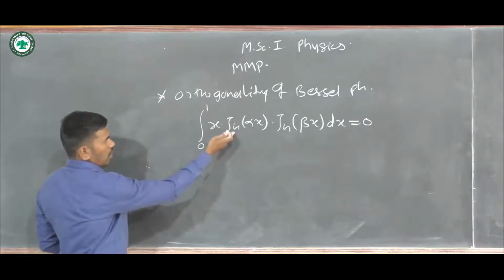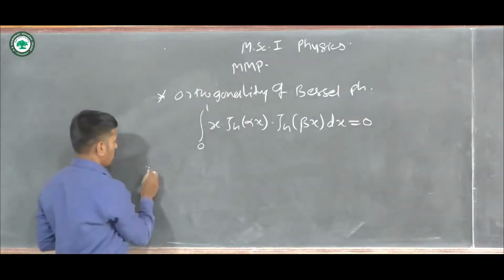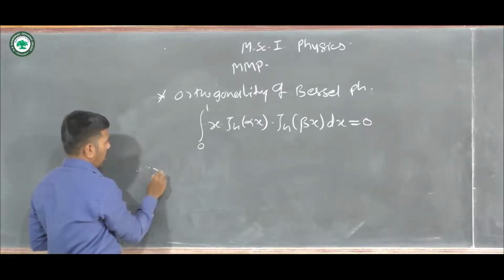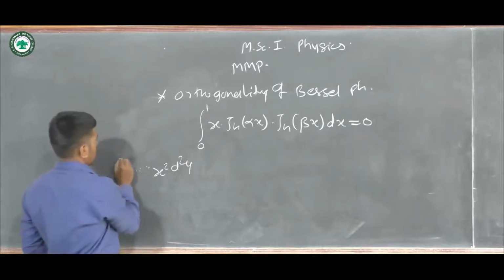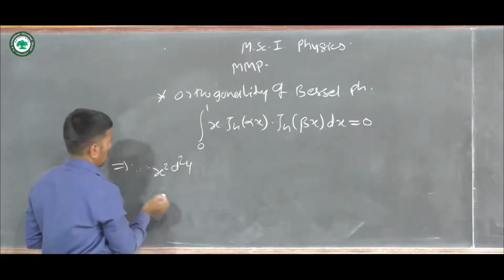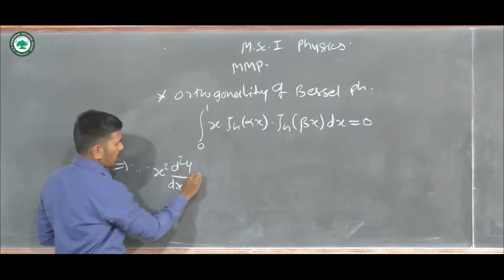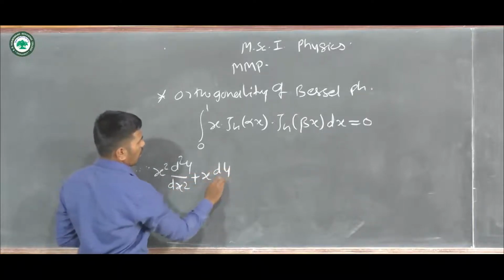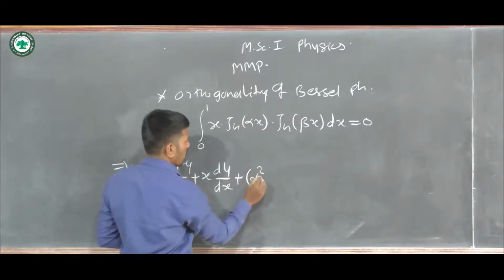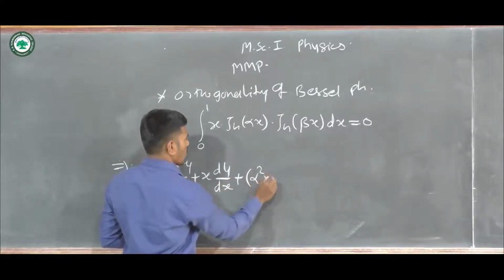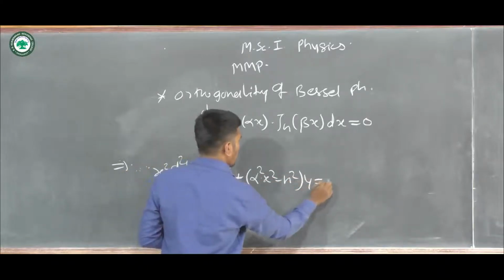For J_n(alpha x), if I consider the Bessel differential equation, that is x square d square y by dx square plus x dy by dx plus (alpha square x square minus n square) y is equal to 0.